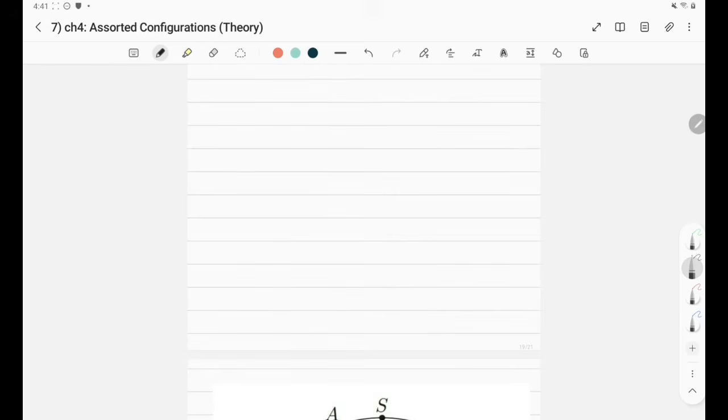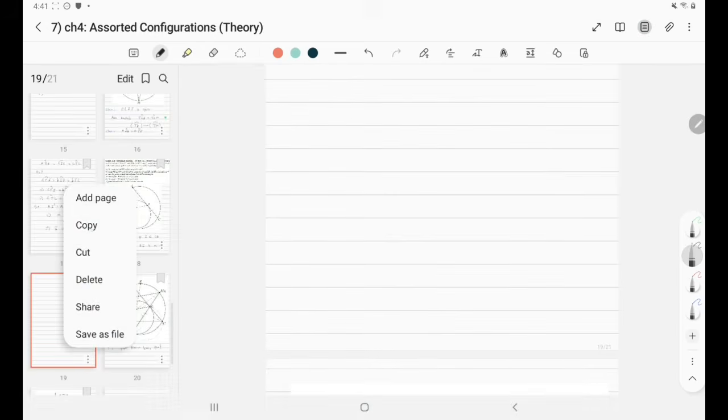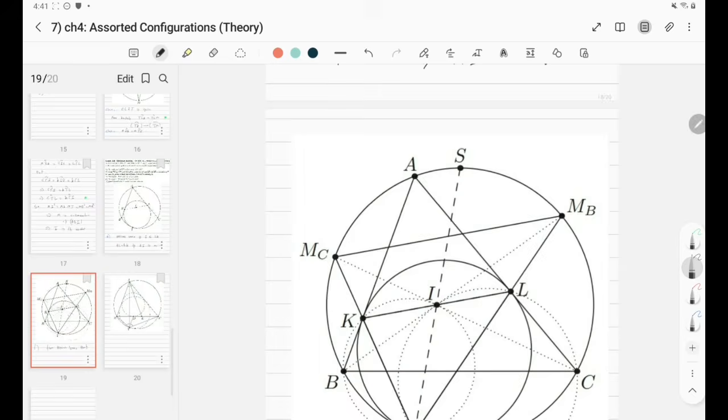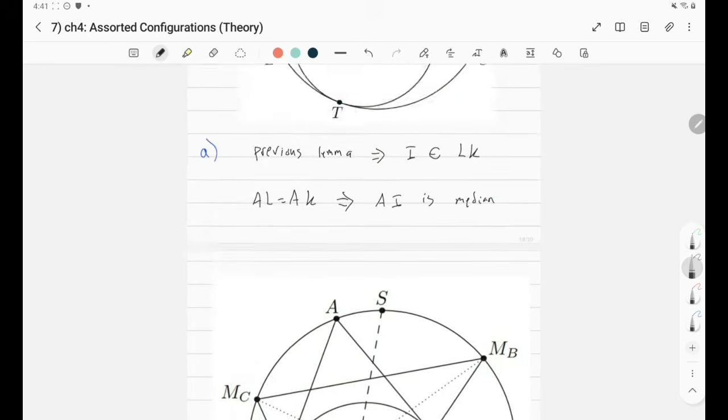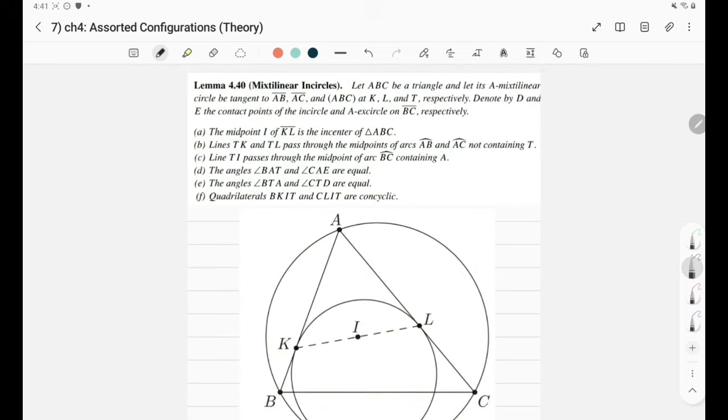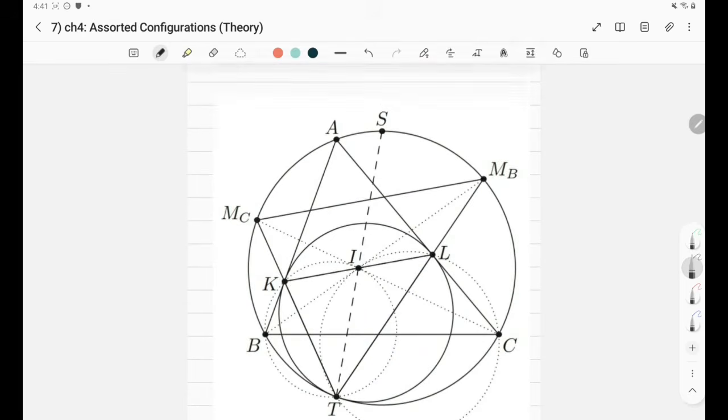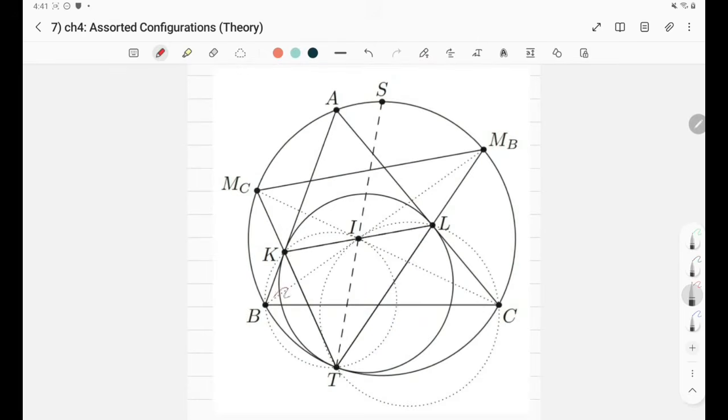What do we also have? Actually, let me delete this now. Okay, what do we also know? Part B, yes, we have this nice thing. Look, TL passes through the midpoint of the arc. And that's actually really obvious. Why? It comes from the lemma before the previous one.